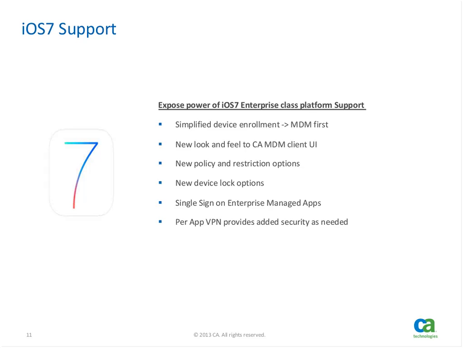And similarly, there is also a new feature available in iOS 7 that you are probably very familiar with, where each enterprise application has the ability to create its own VPN. They call it micro VPN. For instance, take a Salesforce app.